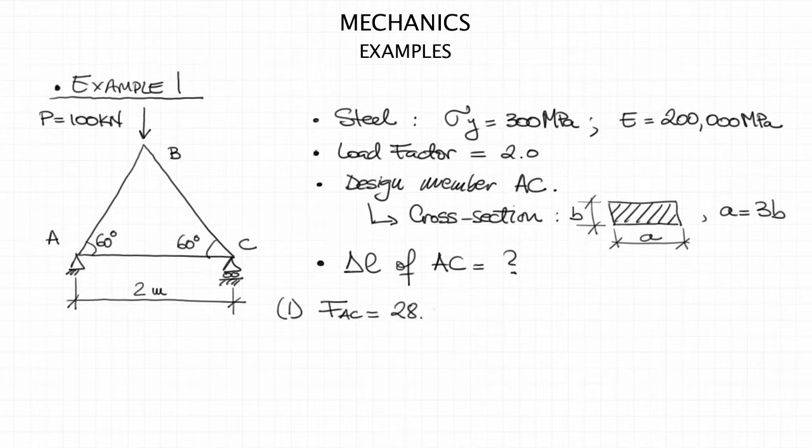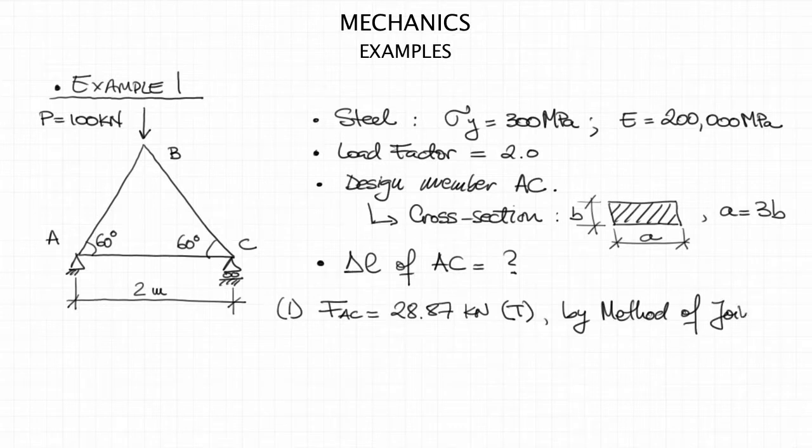Assume that by using the method of joints, we have determined that the force in member AC equals 28.87 kilonewtons in tension. I'm not showing the actual calculations because we have done that already, and now we need to just exemplify how to perform the design.